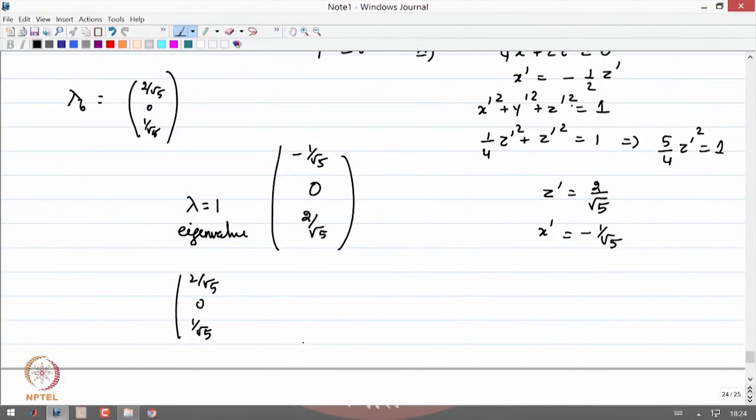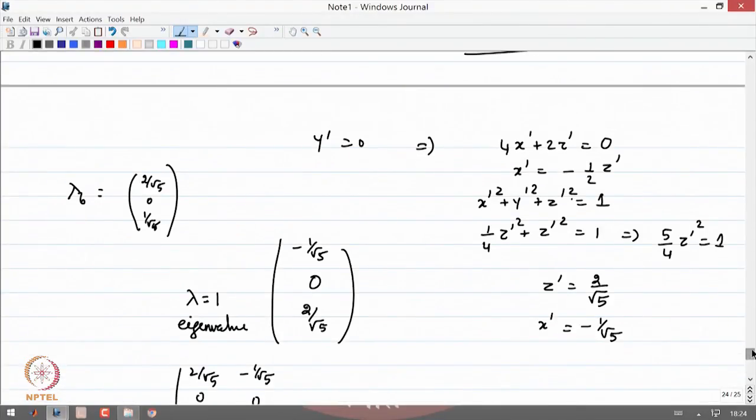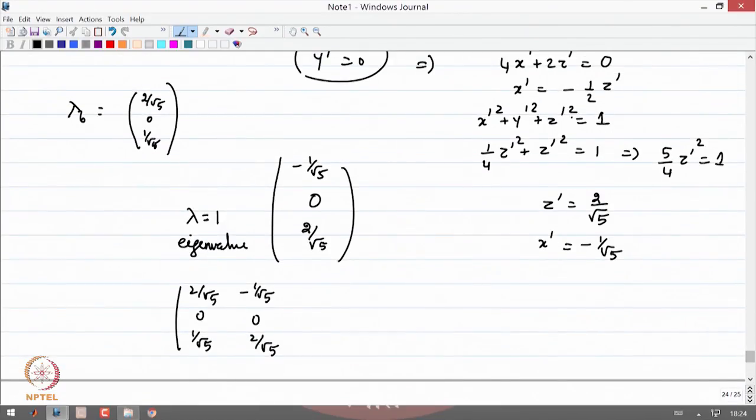This is the first eigenvector, and the second vector we have is minus 1 by root 5, 0, 2 by root 5. And for the third eigenvector, if you put lambda equal to 1, the question is only about choosing y prime, not about choosing x prime and z prime. Therefore, x prime and z prime are going to be in that ratio.